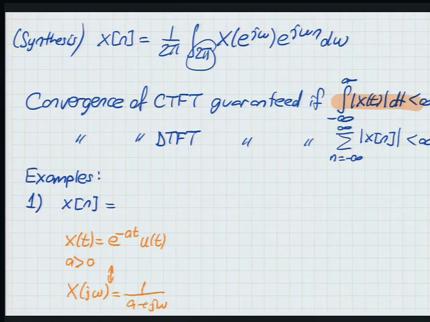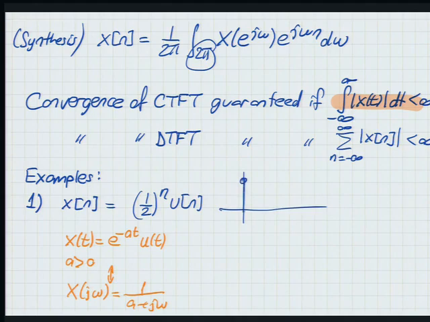Okay, how about 1 over 2 to the n? What does that look like? Let's multiply it with u of n so that we're not talking about negative values of n. At n equal to 0, it's 1. At n equal to 1, it's 1/2, and then 1/4, 1/8, and quickly goes to 0, right? So, in fact, we can make that more general.